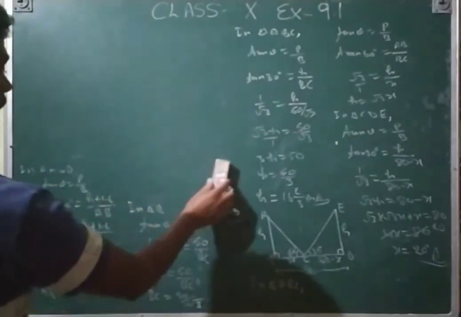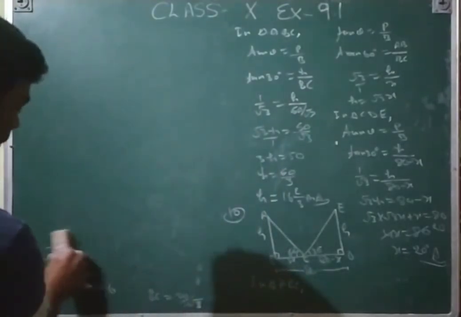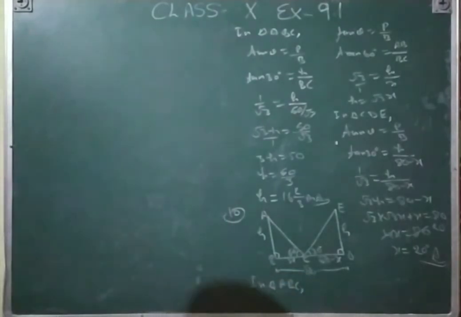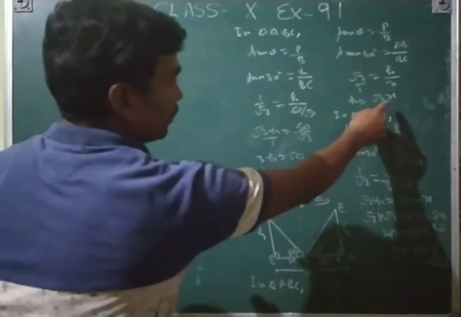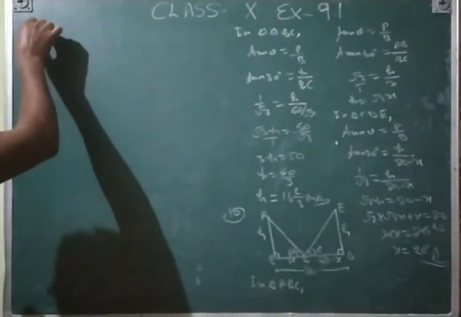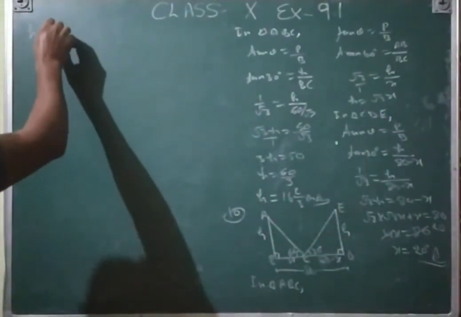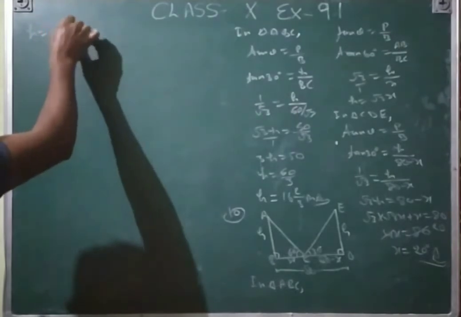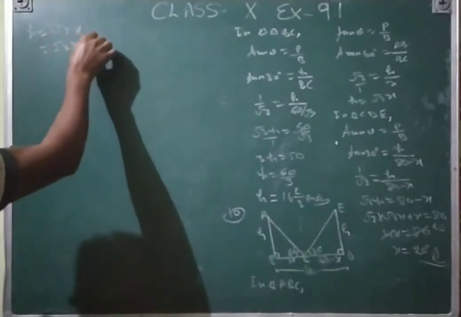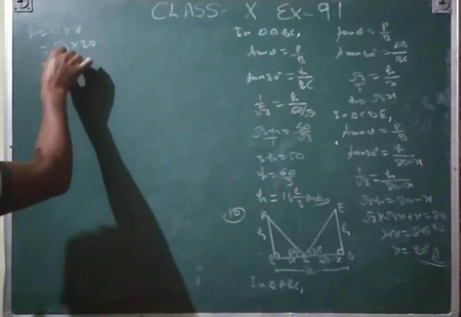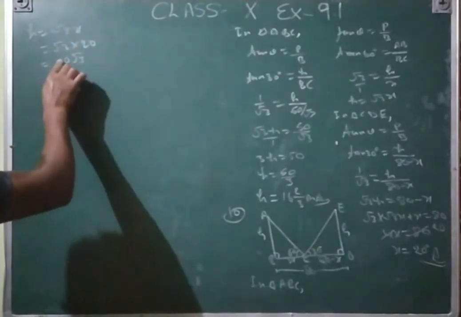Then we will see the second distance. For the height we will apply, so that h is equal to what we have already here, that is root 3 x. So that is root 3 multiplied by the x value, 20. So that is 20 root 3.